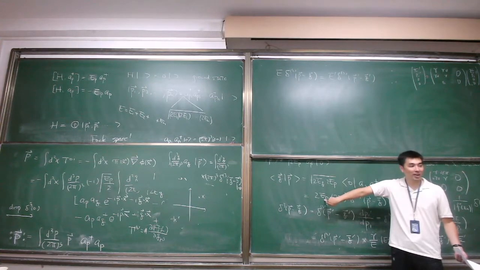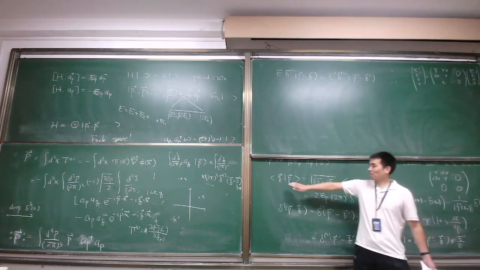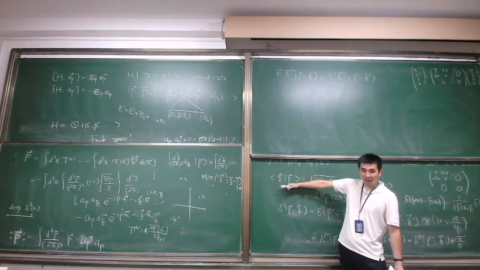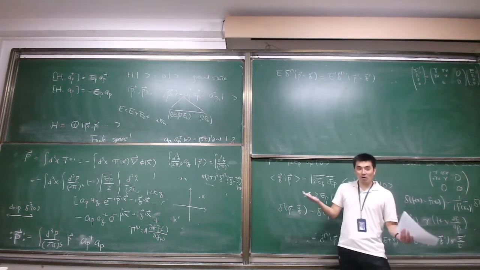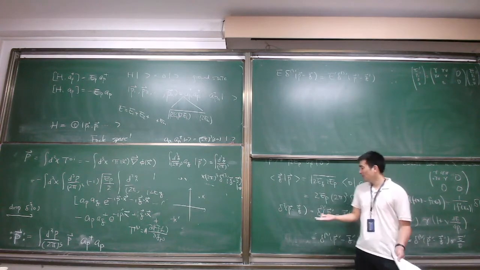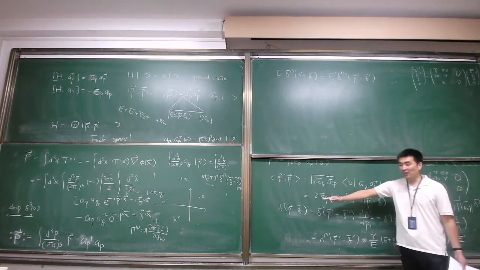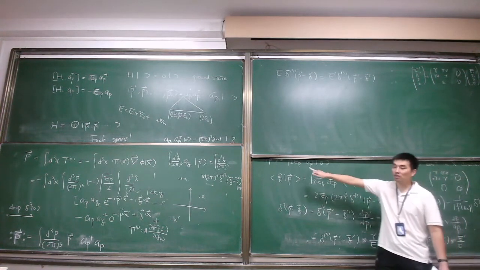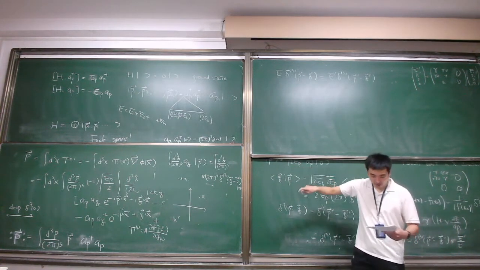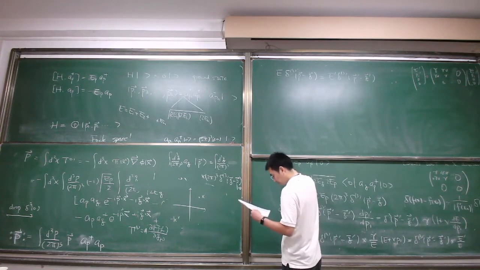Are you guys following? This inner product of Q dot P, I want it to be Lorentz invariant. In order to do that, you need to multiply E in front of delta 3. Therefore, you need to multiply square root E. Then I will explain why we need 2 here.